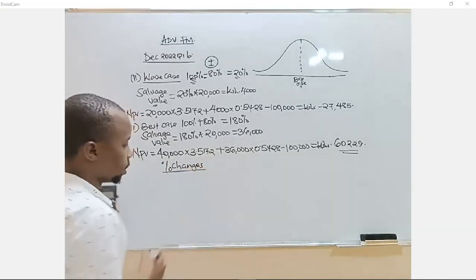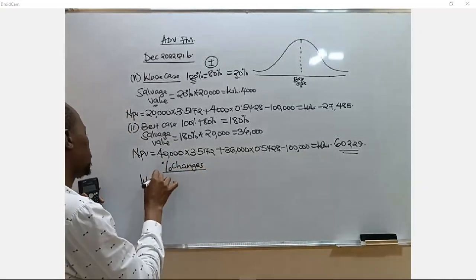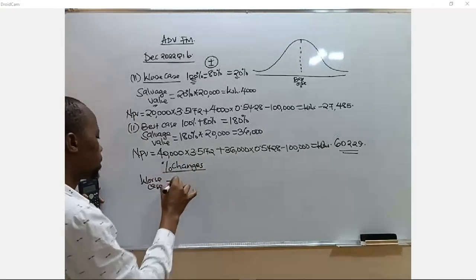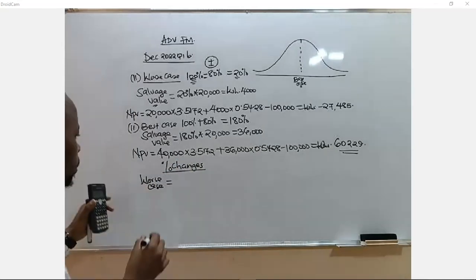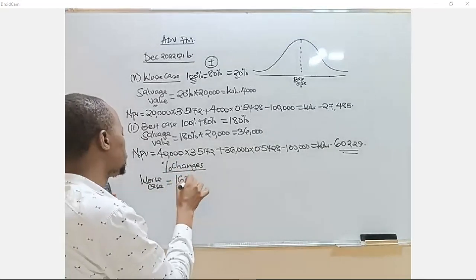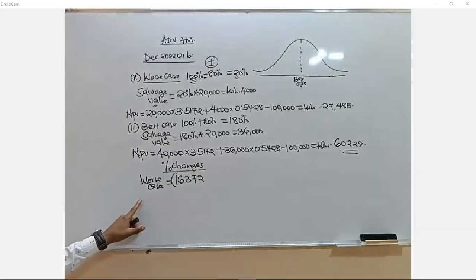Now, when you look on the percentage changes, it will be for the worst case. Unakujanga hapo unaangalia already what was the NPV, right? What was the NPV which we calculated for the most probable case? The NPV that we got was 16,372. Because it's our base, right?